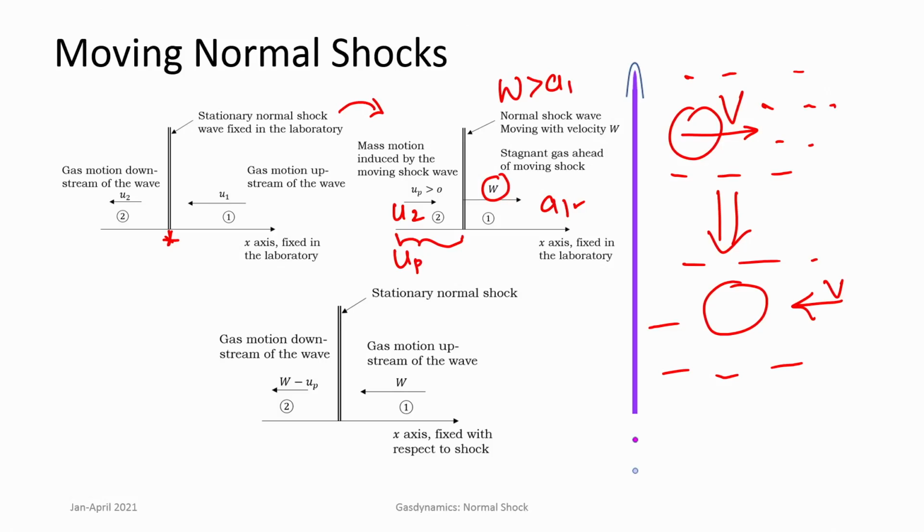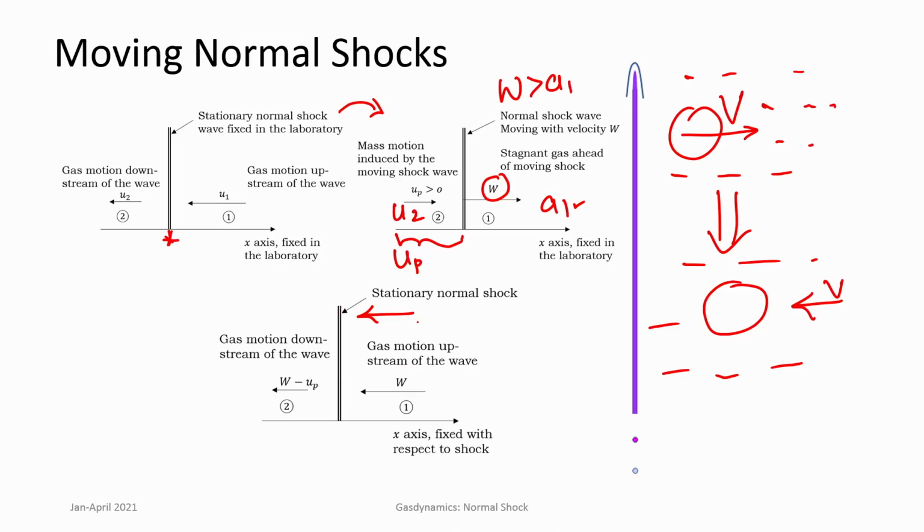In the same way the moving normal shock can be analyzed by taking the same velocity w and imposing it in the opposite direction. So, once you impose it in the opposite direction, then the moving normal shock gets converted into a stationary normal shock with respect to this stream of gas.